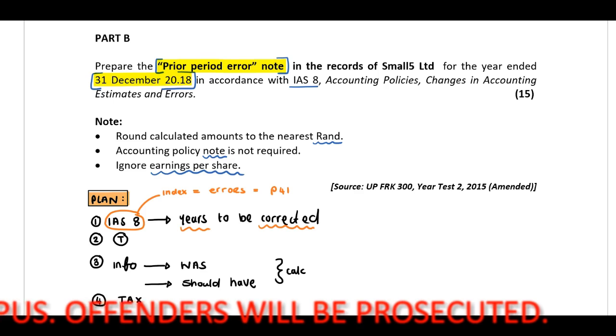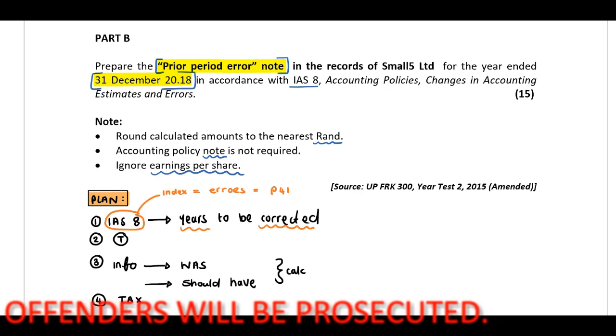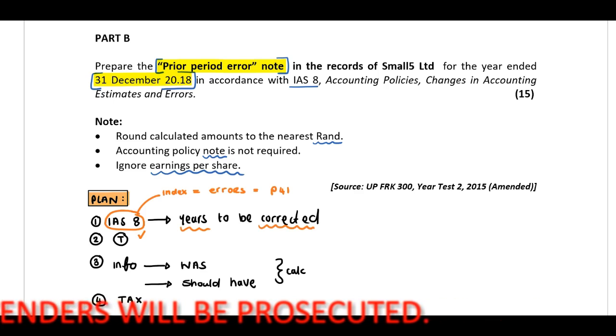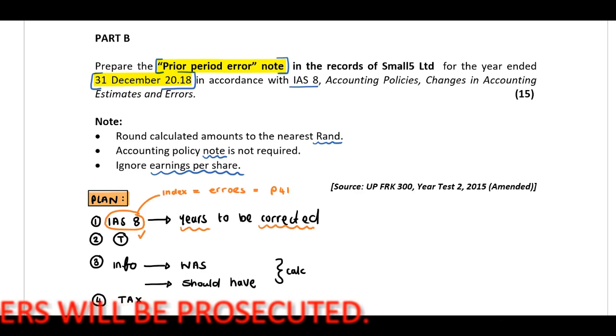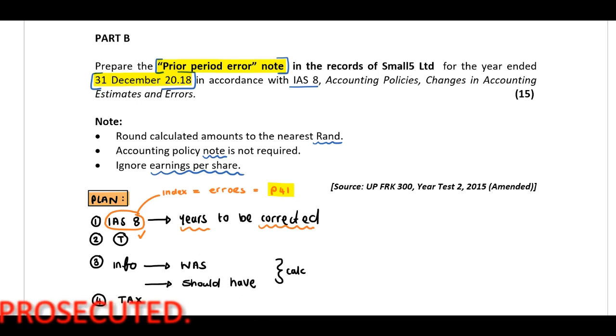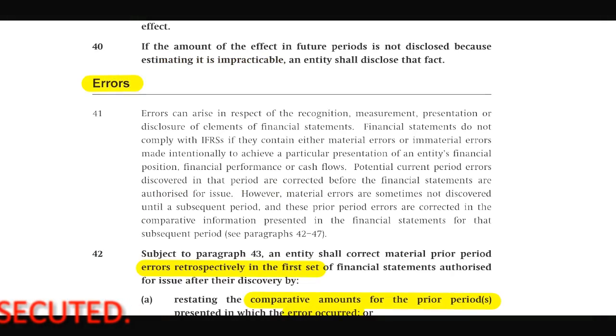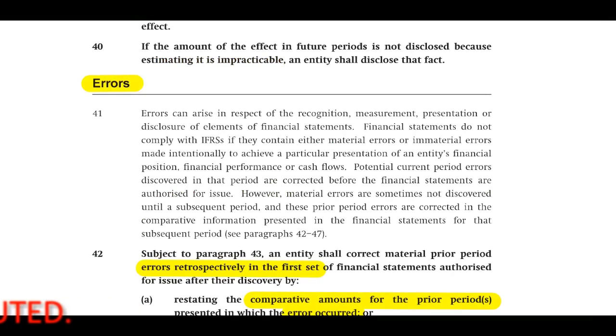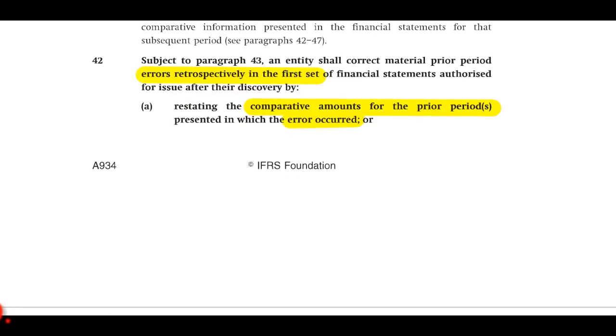What do I have to do? My second step, I will include my template. But before we look at the template, I want you to please refer to paragraph 41 and I'm going to work through this briefly with you. Errors, paragraph 41. I want you to look at the bold paragraph, paragraph 42. Again, bear with me, I'm going to read through this briefly.